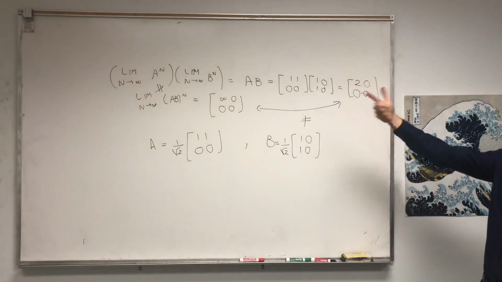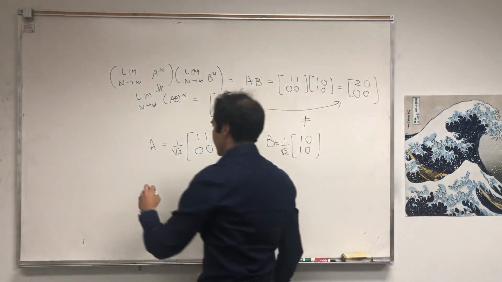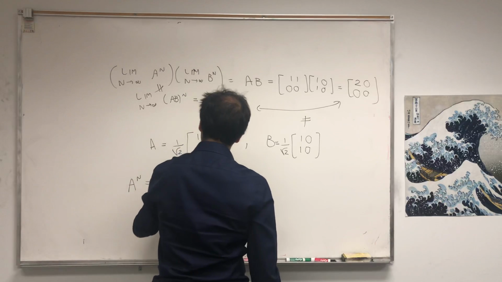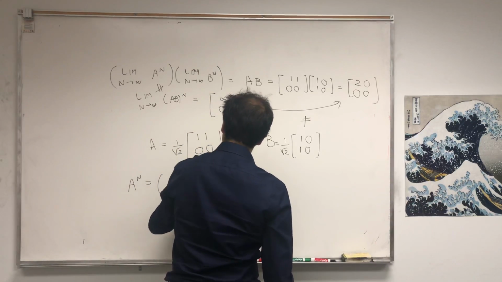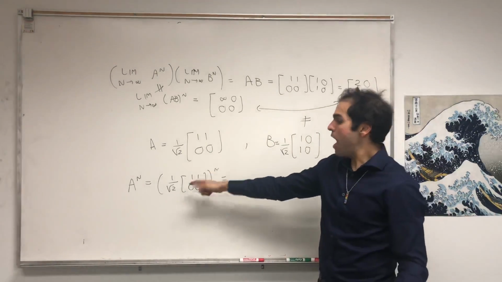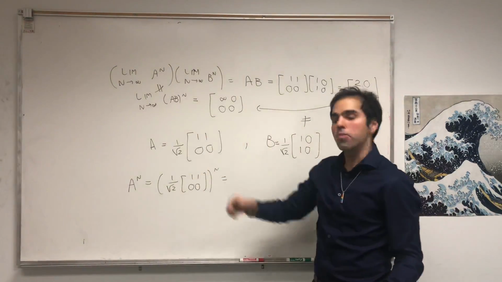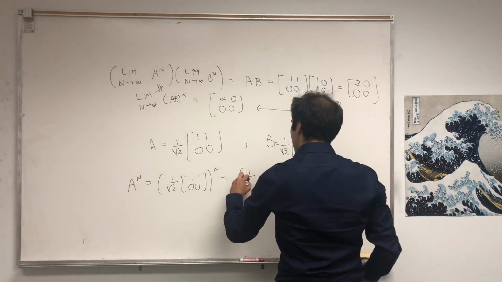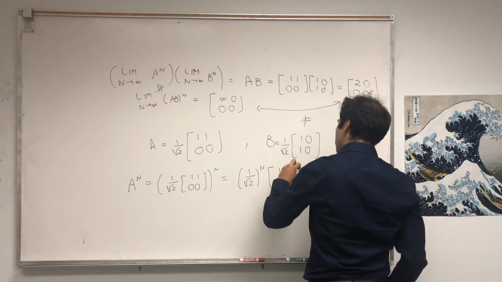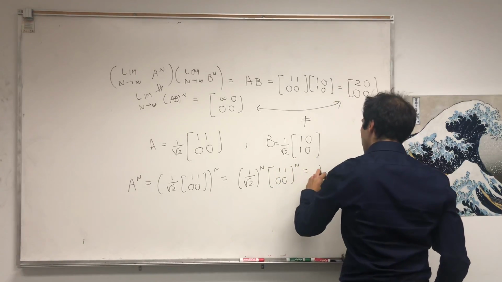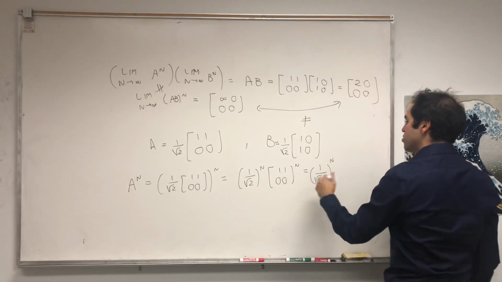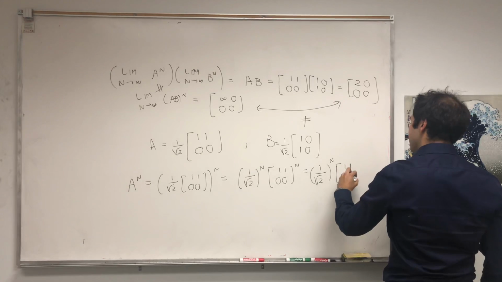Because then, what is A to the n? A to the n is 1 over square root of 2, times the matrix 1, 1, 0, 0, to the n. The number just comes out, so that's not a big problem. It's 1 over square root of 2 to the n, times the matrix to the n. And we just saw that if you raise this matrix to any power, you get the same matrix.